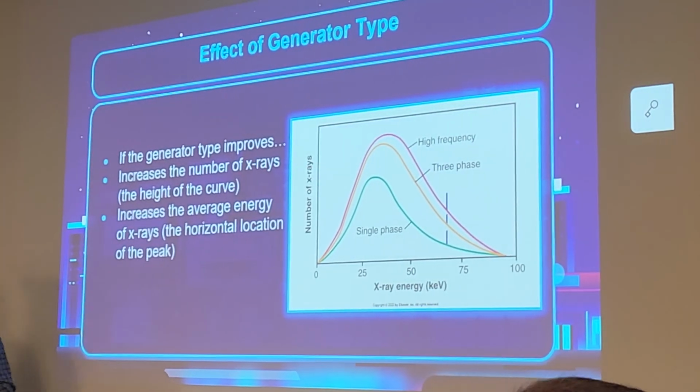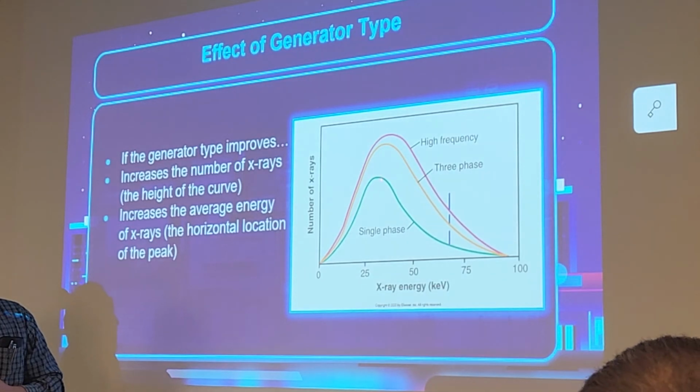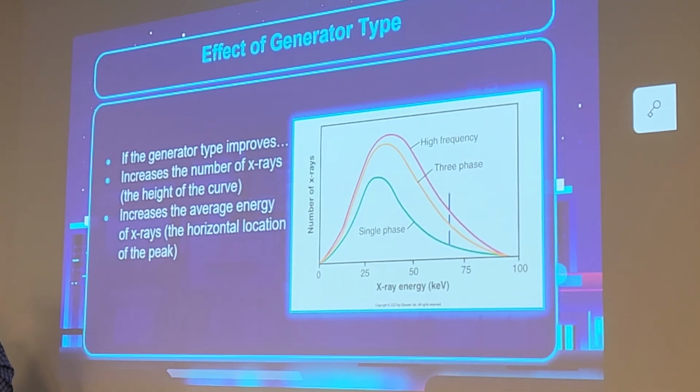In the graphs, remember the peak of this line here, that's the highest, about 1/3 of the maximum kVp. So that's our peak, because most of our Bremsstrahlung photons are going to be at about that energy range.